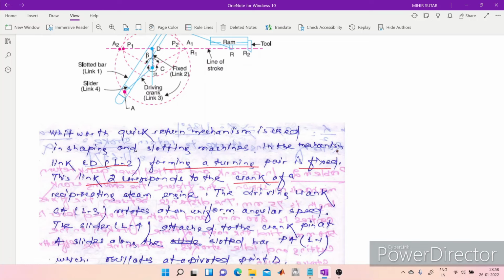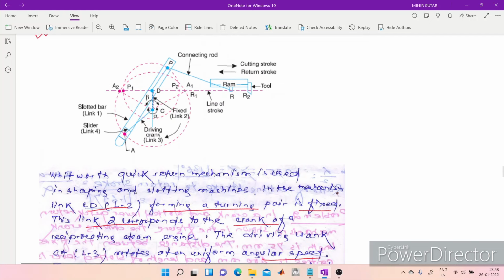The driving crank CA, that is our link 3, rotates at a uniform angular speed. The slider here is link 4, you can see in the figure.